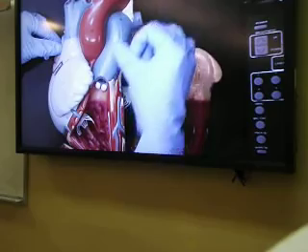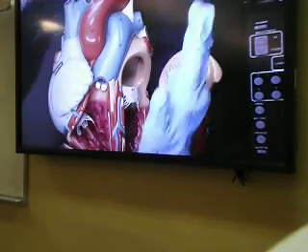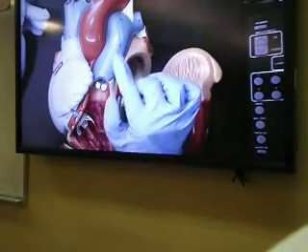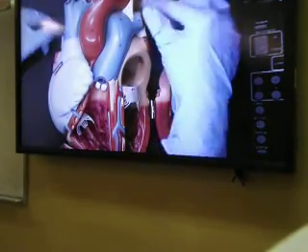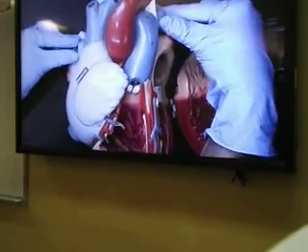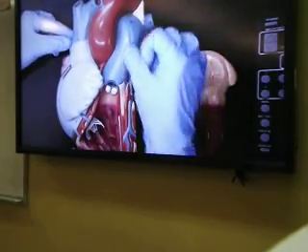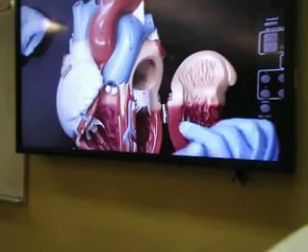Now make sure you remember, all arteries in our body carry oxygenated blood except the pulmonary trunk and pulmonary arteries, which are coming out of the trunk, and this is why they colored it in blue.